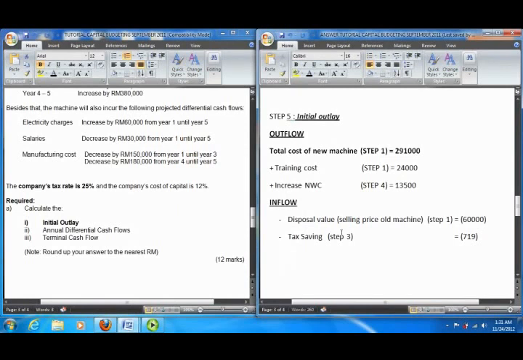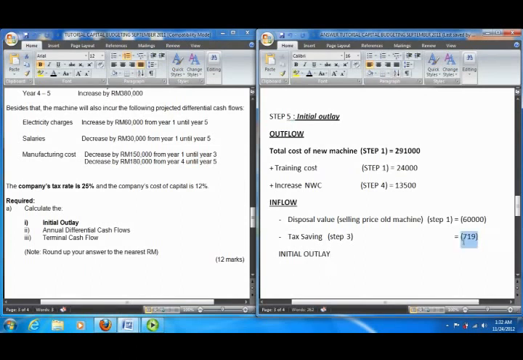Class, you need to total up all your outflow minus all your inflow. So 291,000 plus 24,000 plus 13,500 minus 60,000 minus 719. Then you will get your net cash outflow, or we consider it as initial outlay.